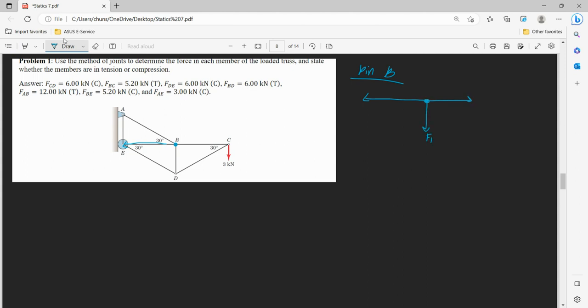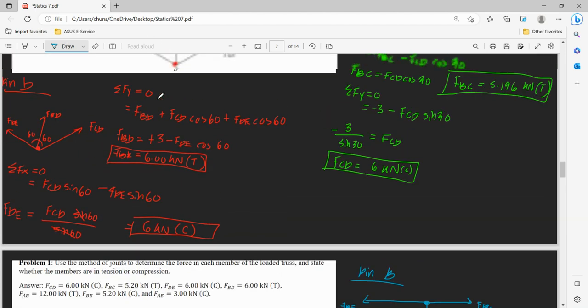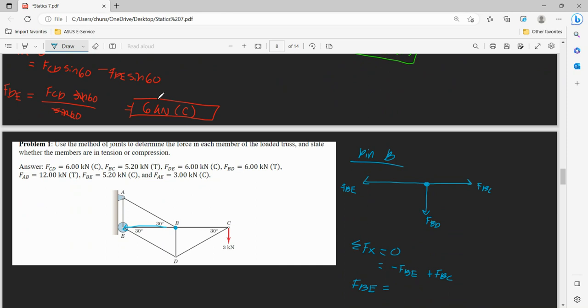This is FBD, FBC, and FBE. So let's just find FBE. We only need our x equilibrium equation. This is negative FBE equals positive FBC. So that means FBE is equal to FBC, which we found to be 5.2.